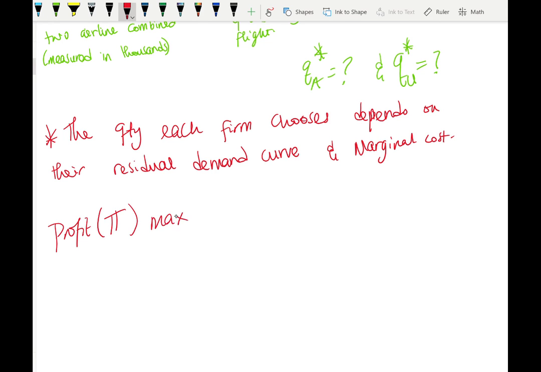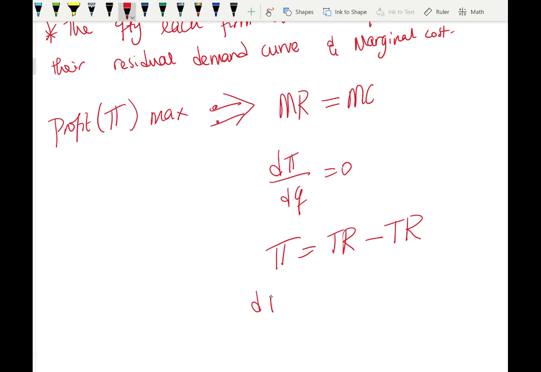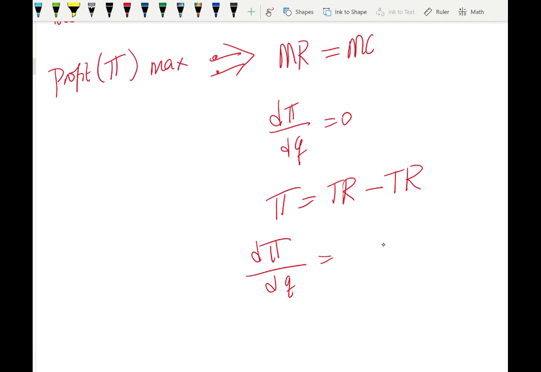And we know the condition for this: marginal revenue is equal to marginal cost, or the derivative of the profit function with respect to quantity should be set equal to 0. Profit is equal to total revenue, quick review, minus total cost. If we take the derivative with respect to quantity, the derivative of total revenue minus the derivative of total cost should be set equal to 0.